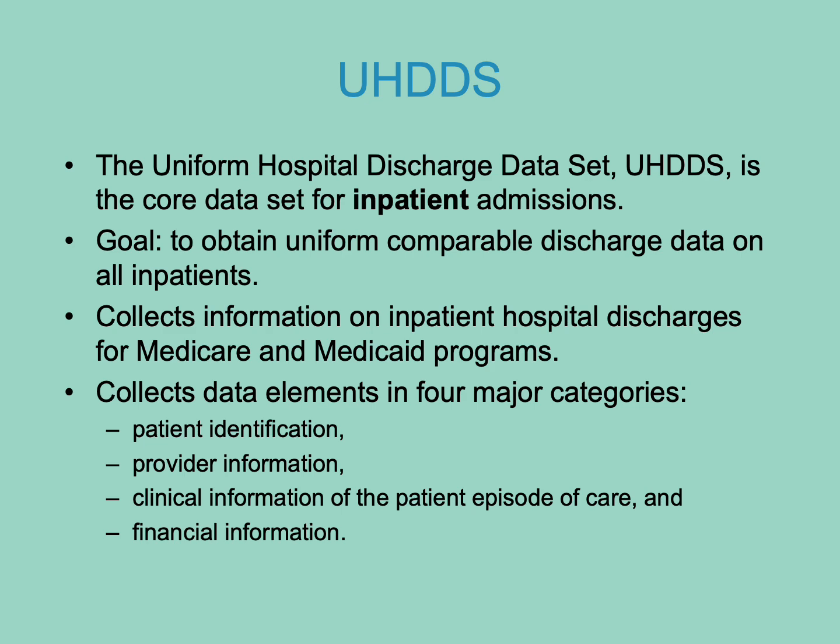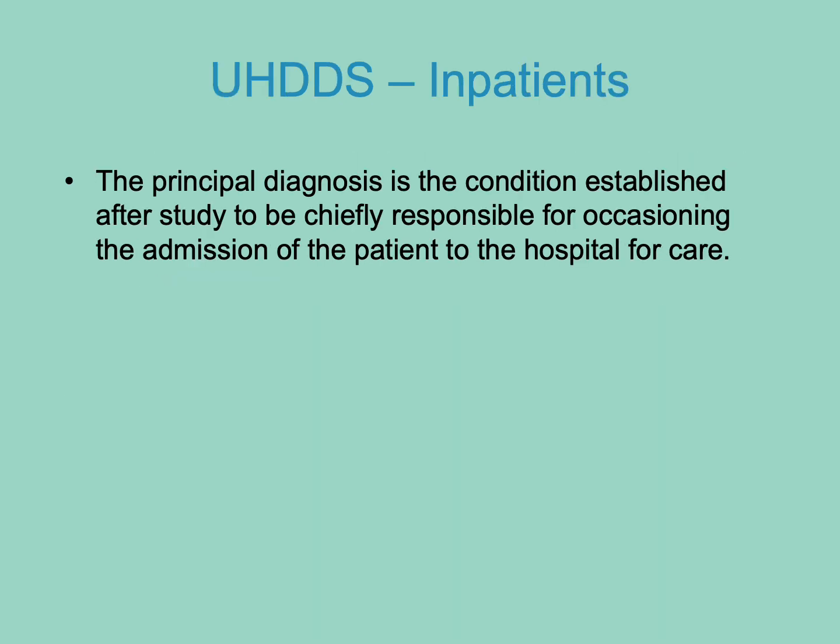It collects information on inpatient hospital discharges for Medicare and Medicaid programs. It looks at patient identification, provider information, clinical information, and financial information. But for this presentation, we're interested in the principal diagnosis definition.